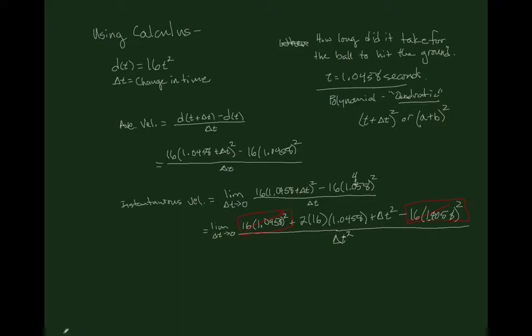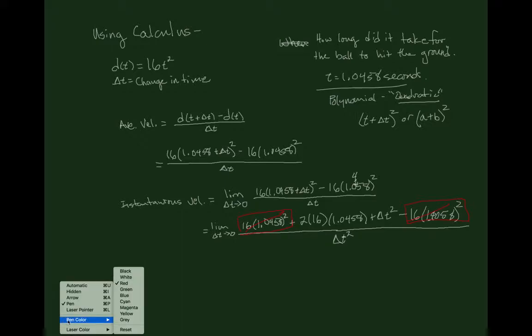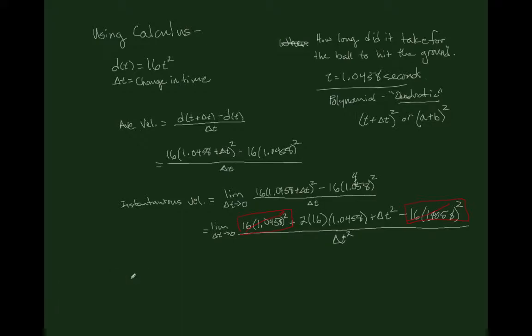It's a major simplification, because now when I go to the next line, the delta t's in the numerator and the denominator cancel with each other, which is a really nice thing. So 2 times 16 is 32, so I'll just simplify that.